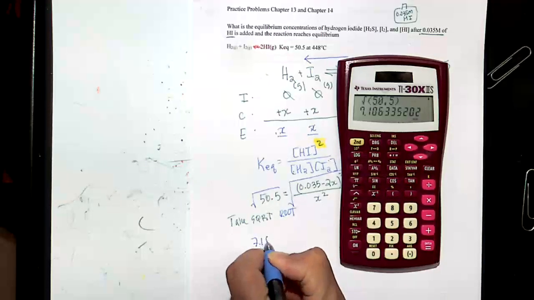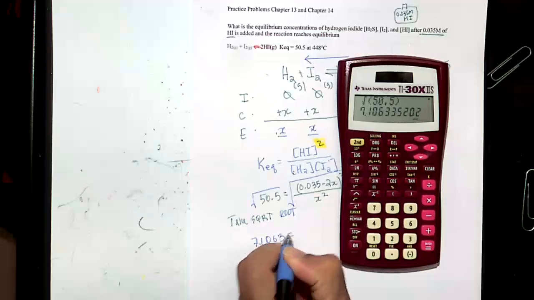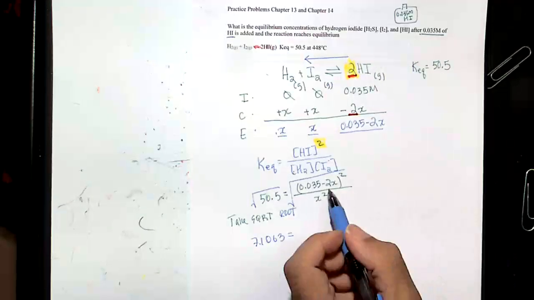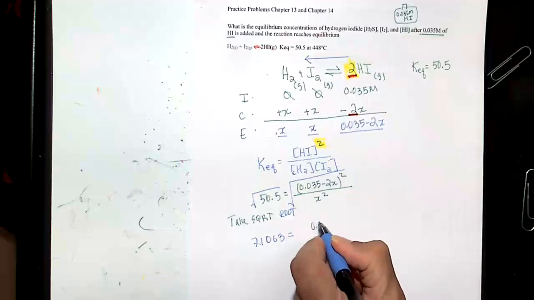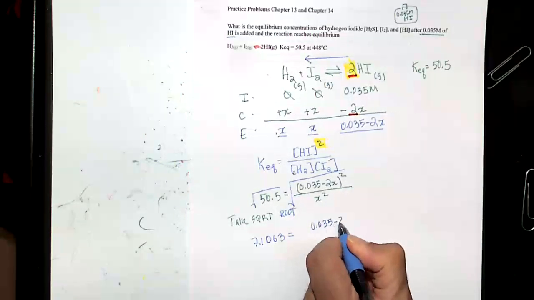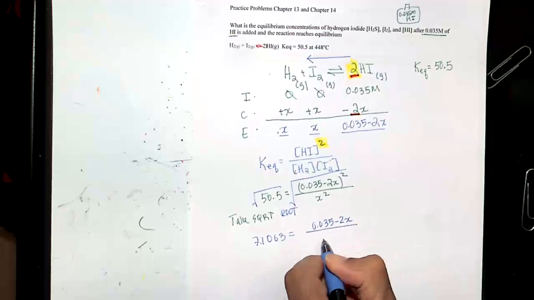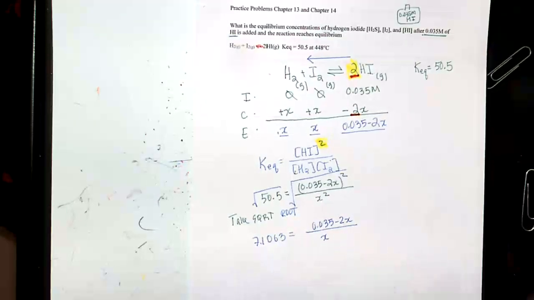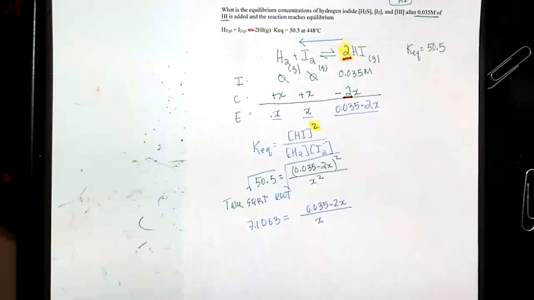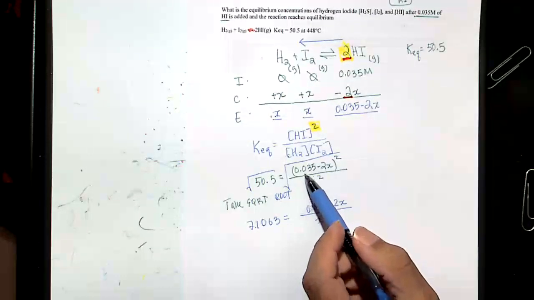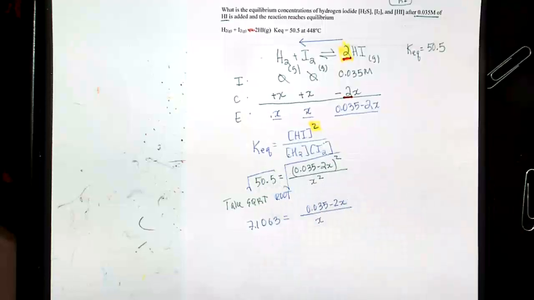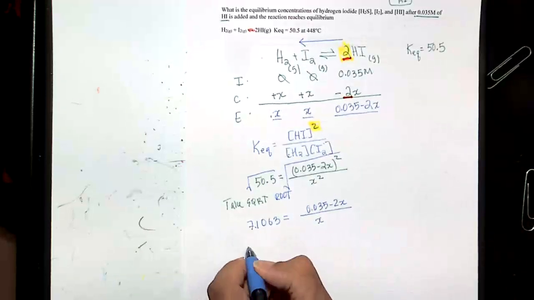I'll just add some extra digits in here. The square root of (0.035 minus 2x) squared is just 0.035 minus 2x. And the square root of x squared is x. Okay, all right, so we'll solve for x here.